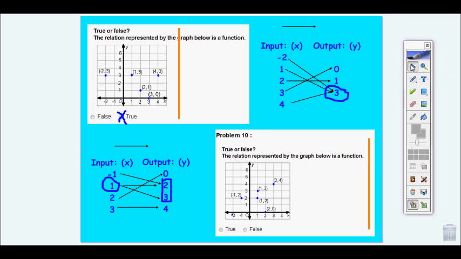Let's go ahead and check it this time with the vertical line test. My vertical line going across the graphed points, I'm only going through 1. I'm only going through 1. When I get to here, I'm going through 2 separate ones. So this is not a function. This is false. It's a relation. It is not a function.